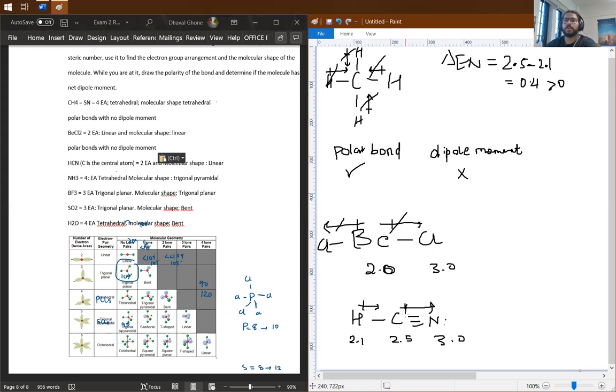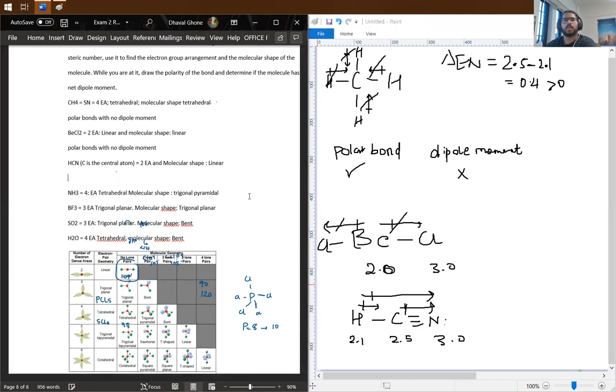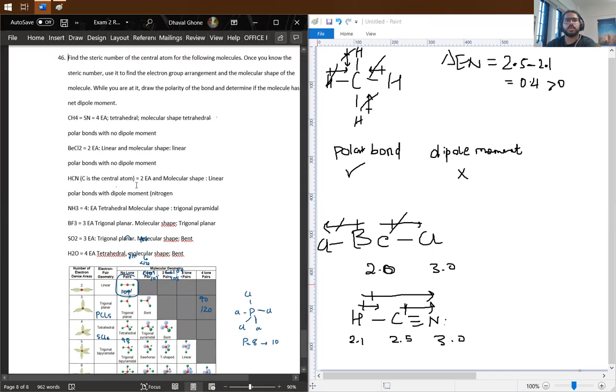Now these both point in the same direction, so they'll add up, and I will have a net dipole moment towards nitrogen. So for HCN, I should say it's a polar bond with dipole moment towards nitrogen.